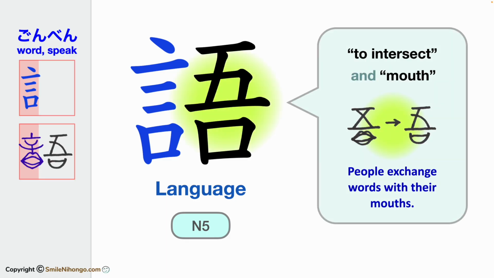The right part is a combination of 2 symbols. The top one indicates to intersect. The bottom one represents a mouth. Together, they convey the idea of people exchanging words with their mouth, and as a result, the kanji came to mean language.